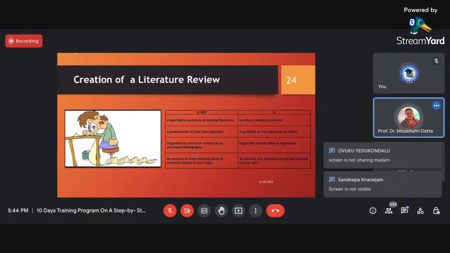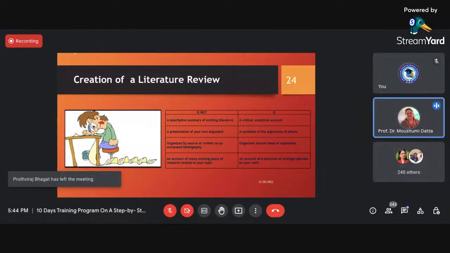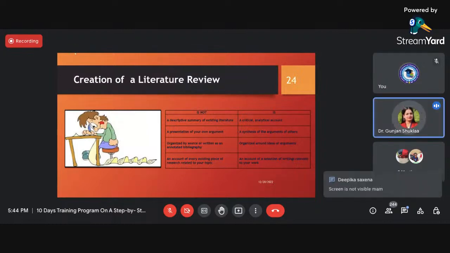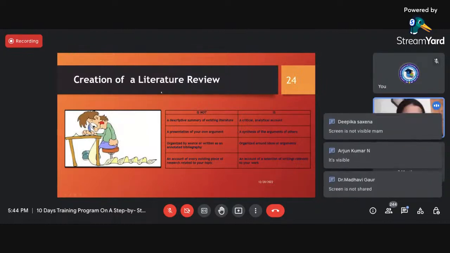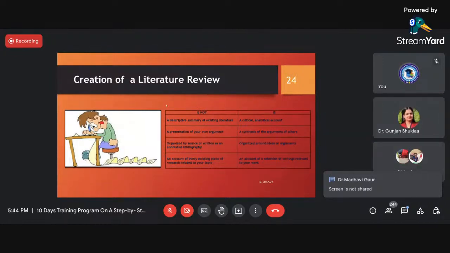Take for example, you are studying about the woman in agriculture. Excuse me, ma'am. And the screen is not visible. Ma'am, screen share is not happening properly. Okay. The screen is not visible. Shall I escape and do it again? Yes, ma'am. Okay.